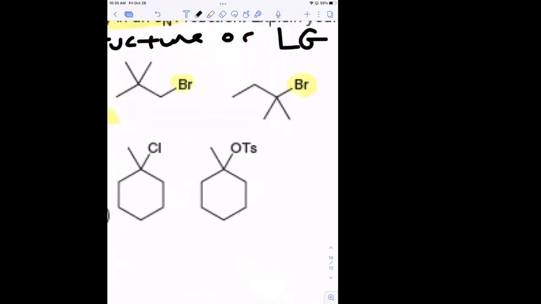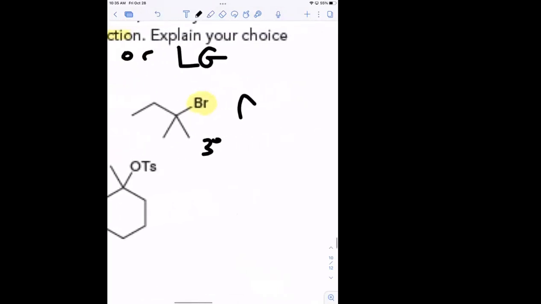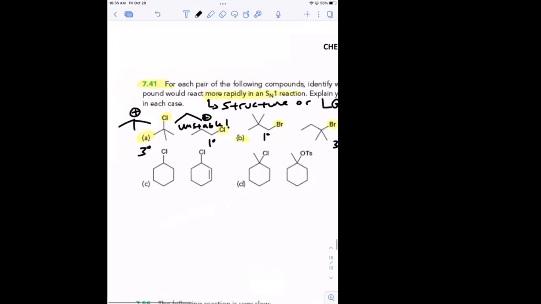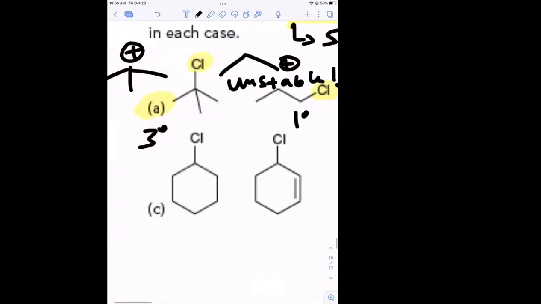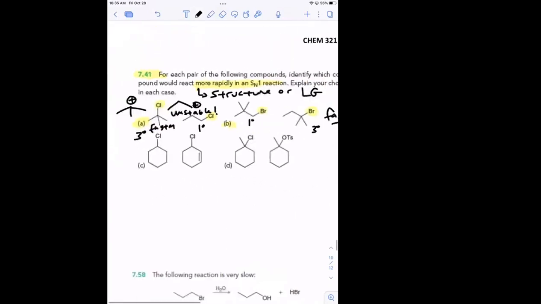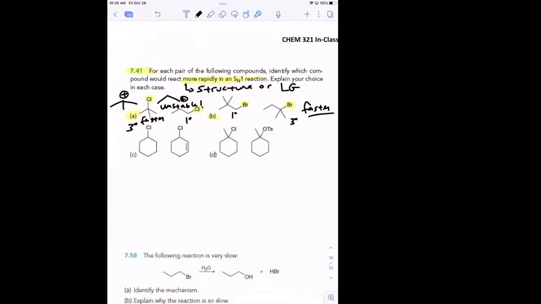Again, this structure is primary, this structure is tertiary. So this one is going to be faster. It's going to give you a more stable intermediate. Right. Questions?